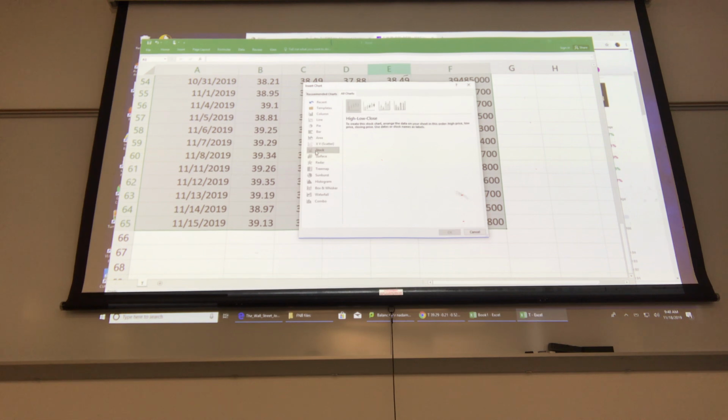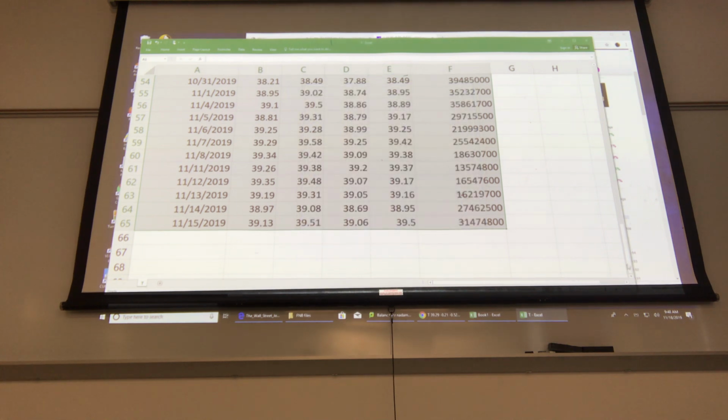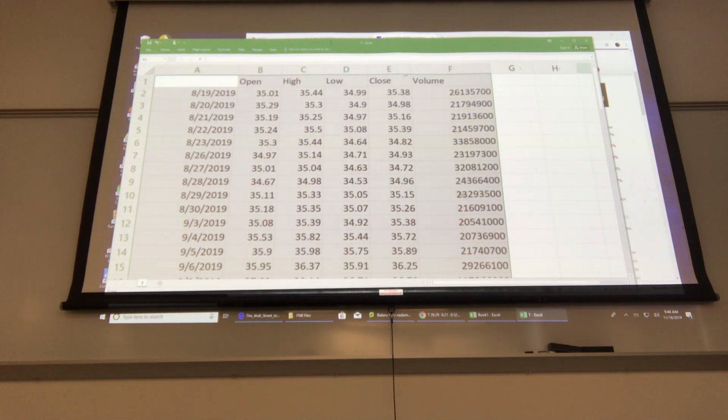What I want you to do is use the graph that is related to the type of data that you have. As you see, you have 4 options. One option gives you high, low, and close price. Is this what you have, or do you have more? I cancel it. I go up here. I do it again.